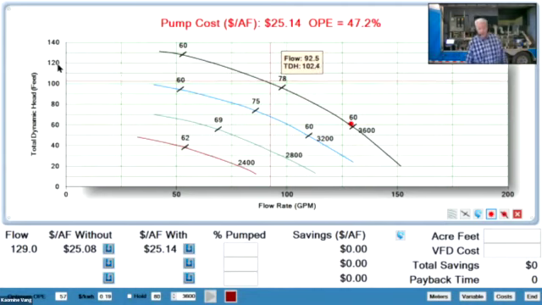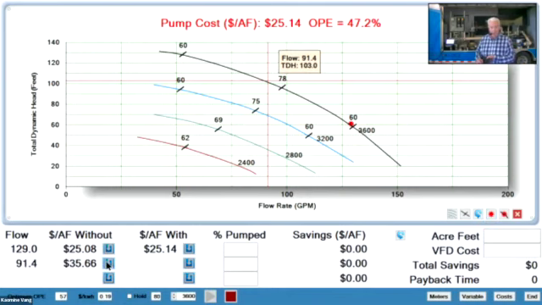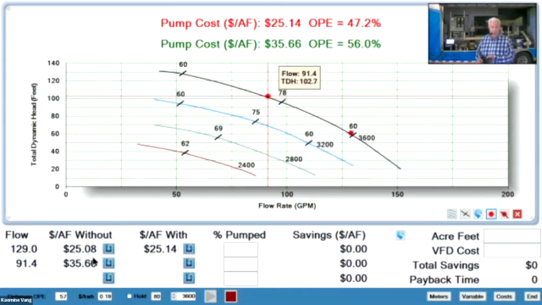Let's say we need about, that's about 90 gallons per minute, I think. I'm going to say this is without a VFD now. This is with a pressure regulator. I'm going to put that spot down and show the cost. And it's costing us $35 an acre foot at 91 gallons per minute. You see our numbers bounce a little, but you get the idea, okay? I'll come back and do the VFD example afterwards.